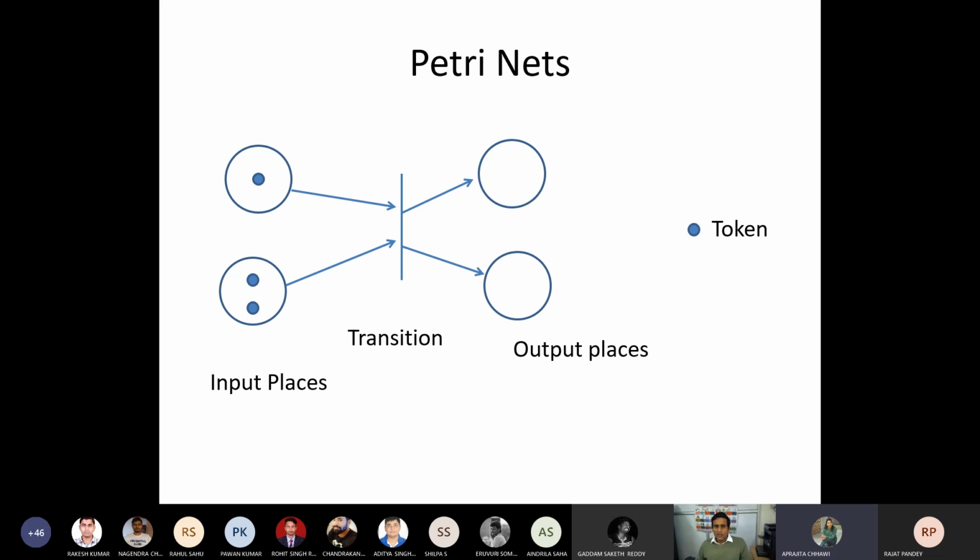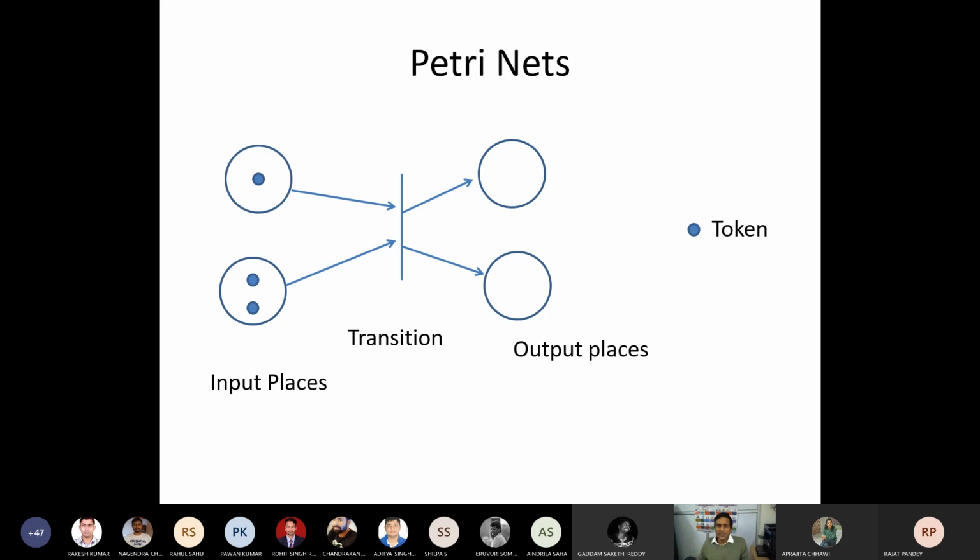Now your input place vertex is connected to a transition vertex. Think of two disjoint sets: one disjoint set contains input places, the other contains transitions. If you have edges between them, then it is called a bipartite graph.